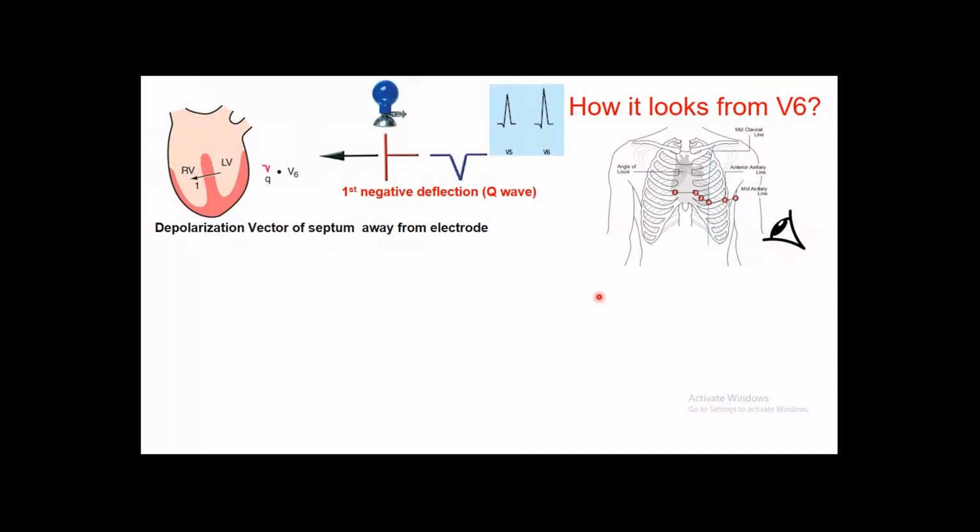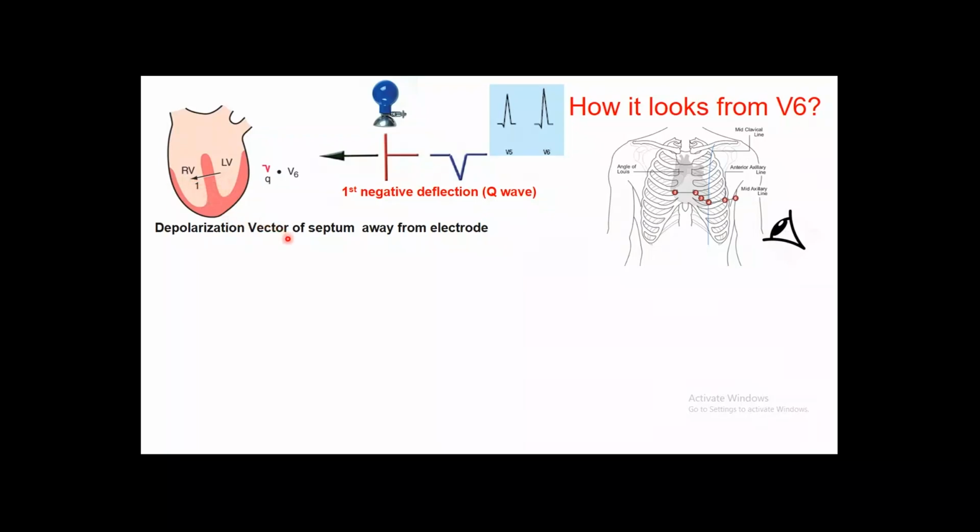So how does the recorded QRS complex look at V6? V6, as we just said, lies here in the fifth intercostal space at the mid axillary line. So we are looking at the electrical activity of the heart from this side. The depolarization of the ventricle takes 3 phases. The first phase is depolarization of the interventricular septum, which takes place from the left side towards the right side.